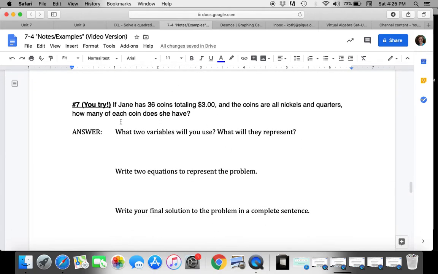The next one, it's time for you to try. It gives you a total number of coins, tells you how much the coins are worth, and the two different types of coins. So that's going to be important. You need to remember how much those are worth when you write your equations. Pause the video while you work on it, then come back and check your answers.